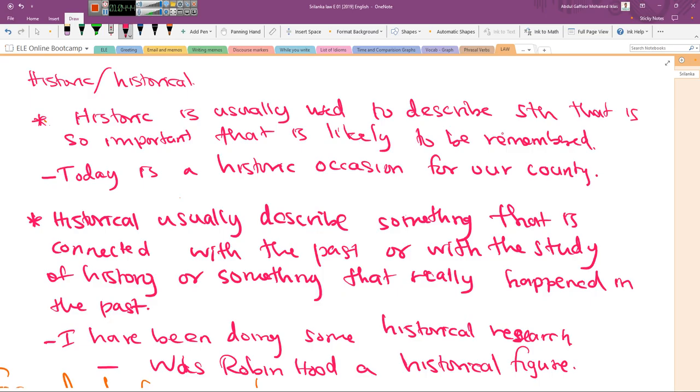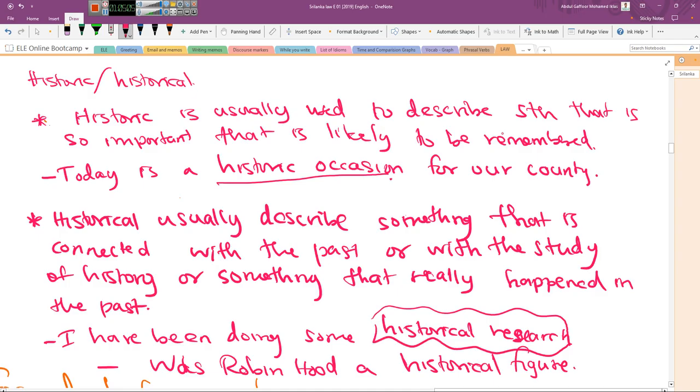So these are the differences between the words historic and historical. Historic is something that will be remembered in the future, right? So today is a historic occasion for our country, but historical means that it really happened in the past. So I've been doing some historical research means I'm researching what happened in the past. Now, was Robin Hood a historical figure?